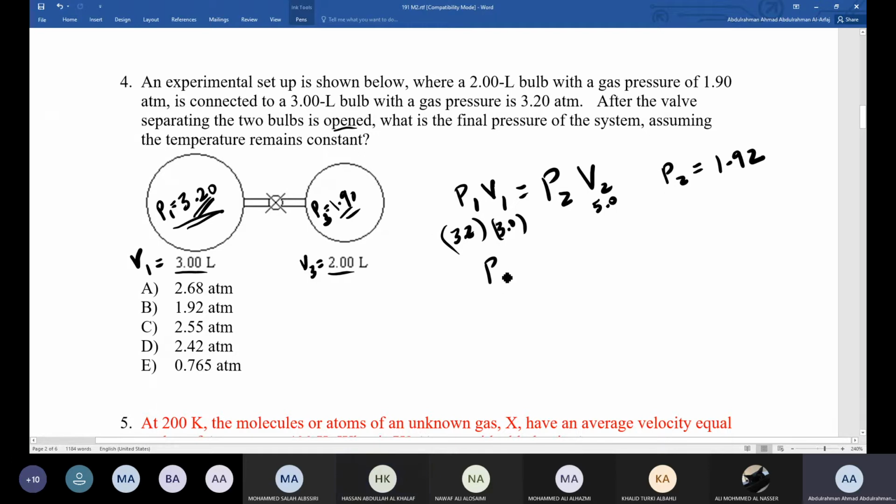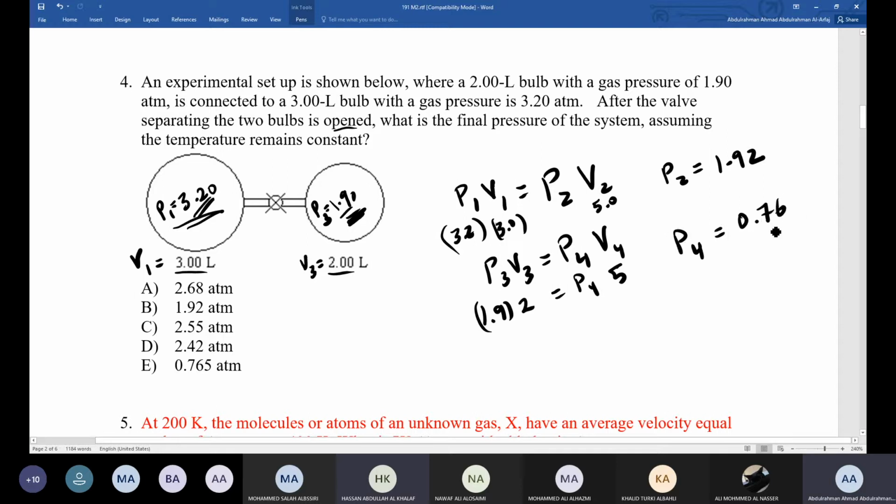P3V3 equal to P4V4, assuming again that this gas is not available. This one is 1.9 pressure and the volume is 2, and V4 is 5. So what's P4?